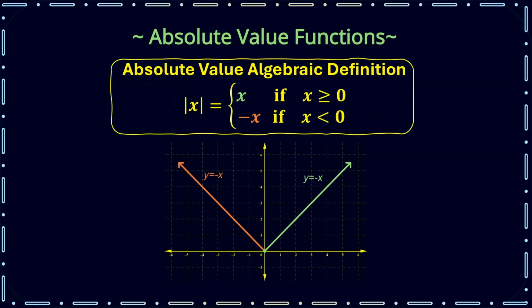As you can see, this graph consists of two pieces. We have line y equal to x, and that's over x greater or equal than 0. So over this interval, we have y equal to x, and over this interval, which is x less than 0, we have y equal to negative x.